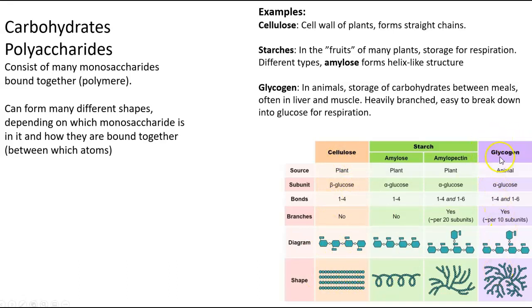And in animals, we also store monosaccharides as polysaccharides in our liver and in our muscles. Those are also branched, just like this type of starch, and form these very interesting patterns. Glycogen is the name of the one in animals.